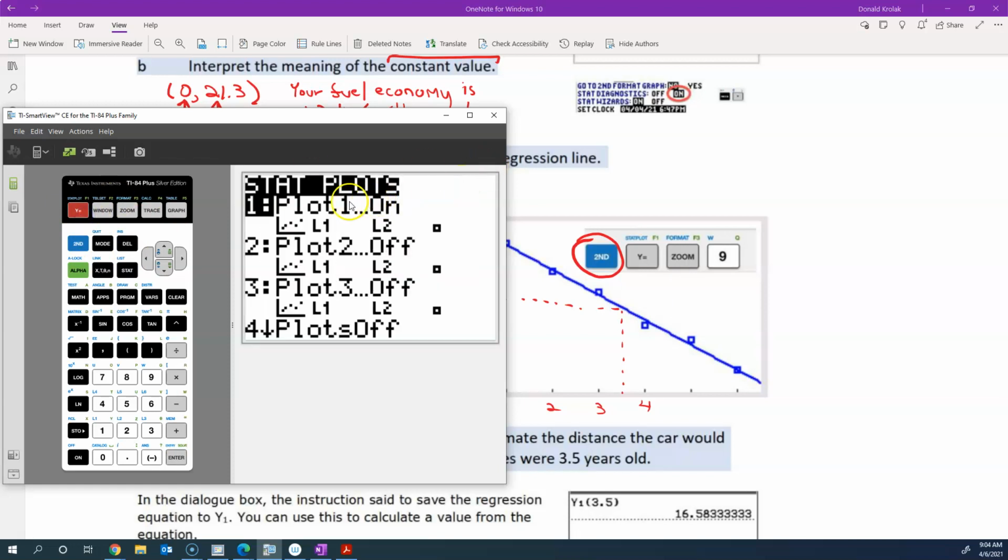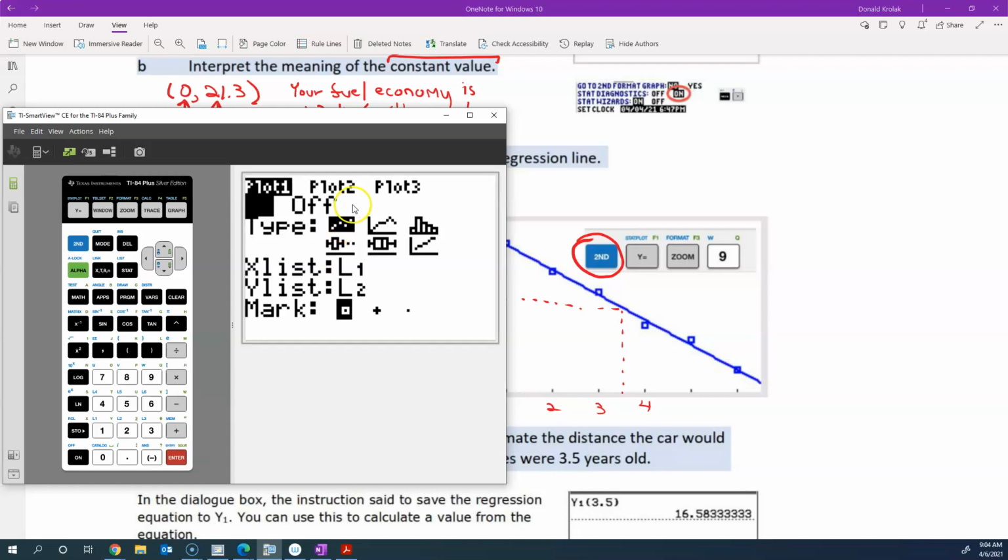You're going to turn on your plot. Plot 1, if it's off, you have to turn it on. Mine's already on. Scatter plot L1, L2. Now to graph it, you press zoom 9.